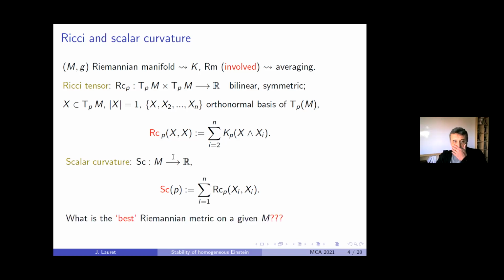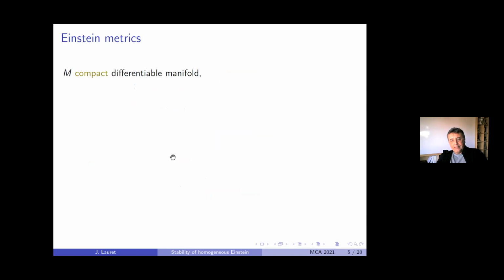Okay, so this is a natural question. Given a manifold, is there a canonical Riemannian metric on M, a most distinguished one?